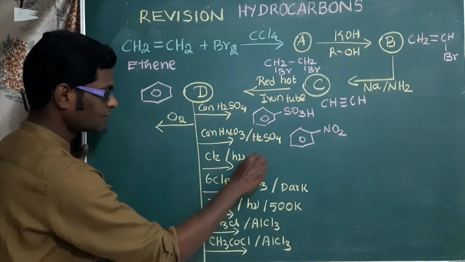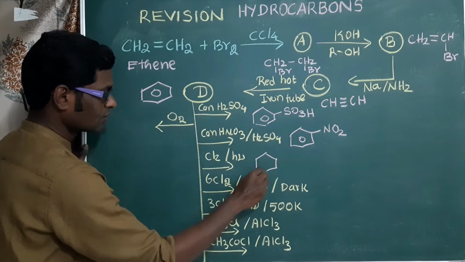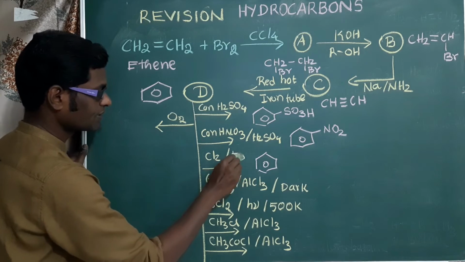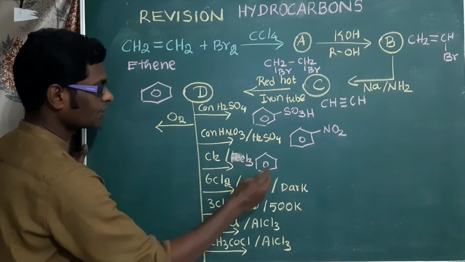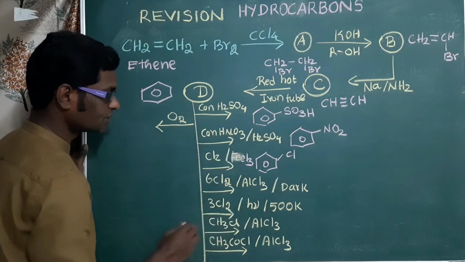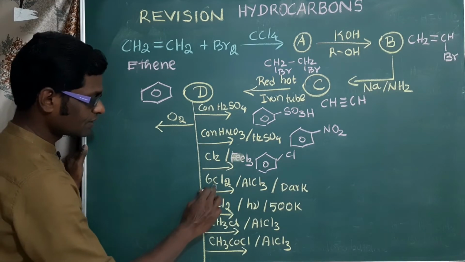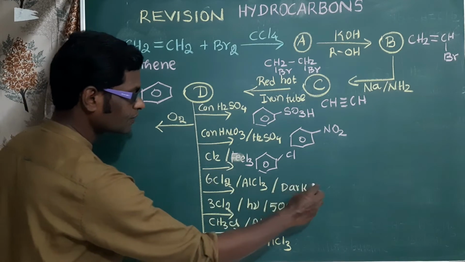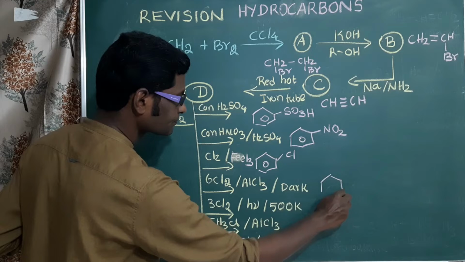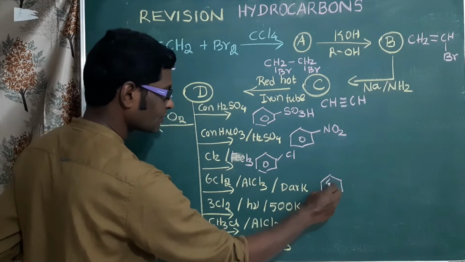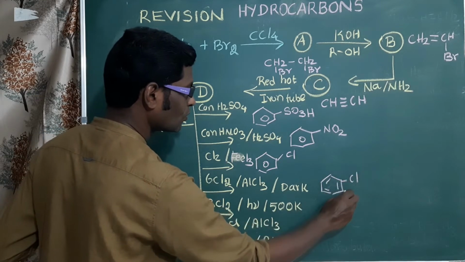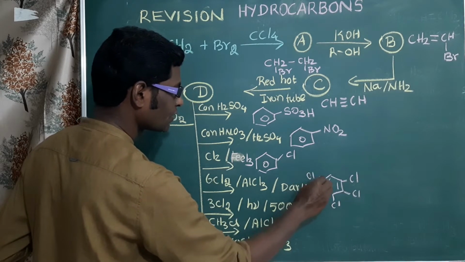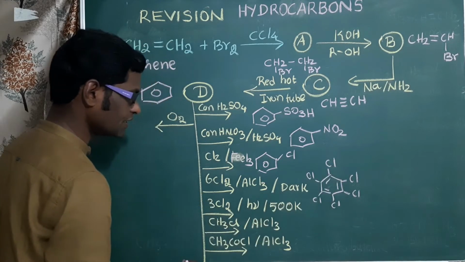When benzene is treated with chlorine in the presence of Lewis acid FeCl3, chlorination occurs, and we will get chlorobenzene. When benzene is treated with excess of chlorine in the presence of anhydrous aluminum chloride and dark condition, we will get hexachlorobenzene, 1,2,3,4,5,6-hexachlorobenzene.